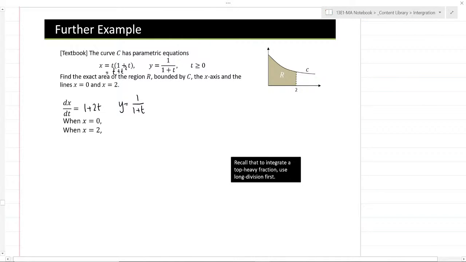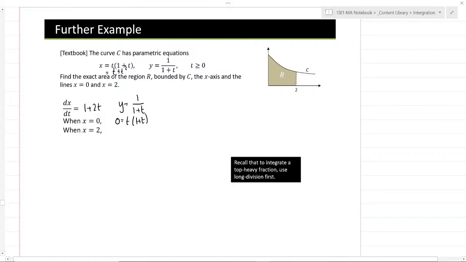We're going to get two values here. Now, we do need to be really careful when we're finding out these values, okay? So when x is equal to 0, we end up with 0 is equal to t times by 1 plus t.